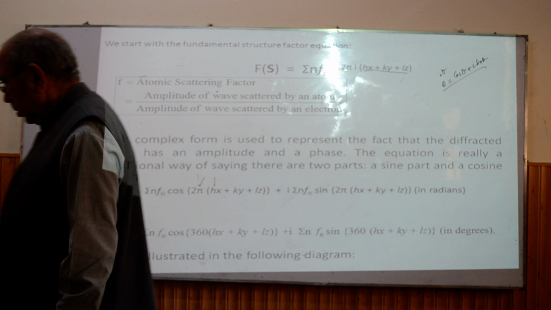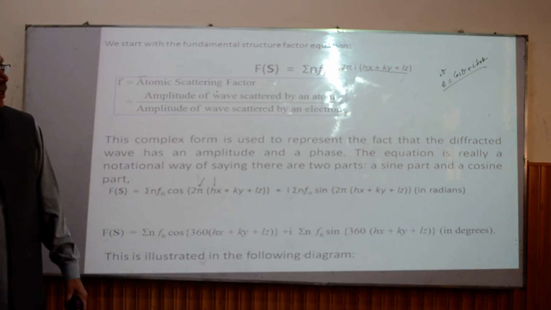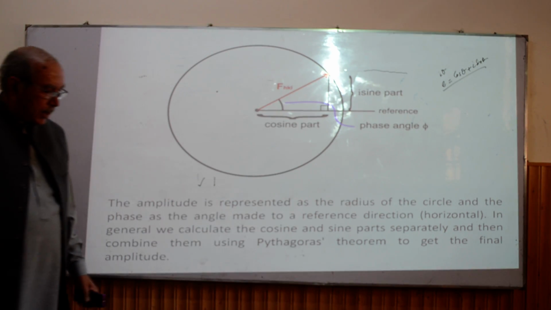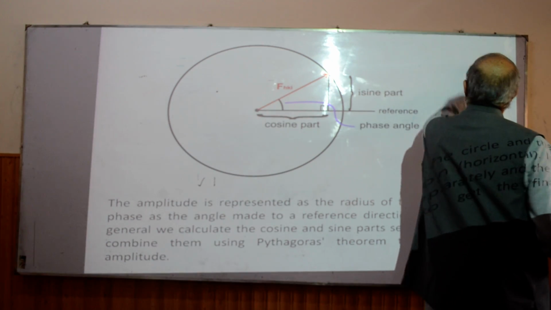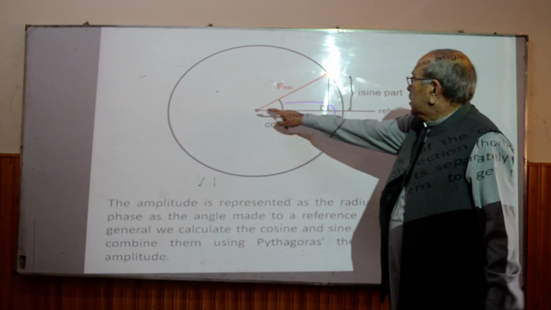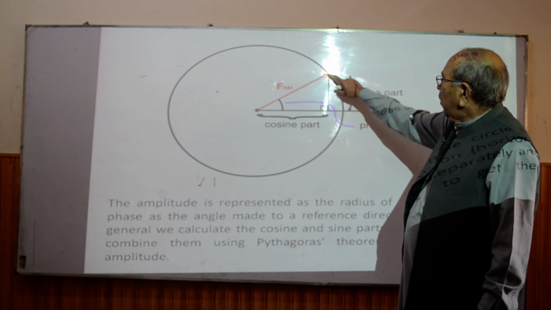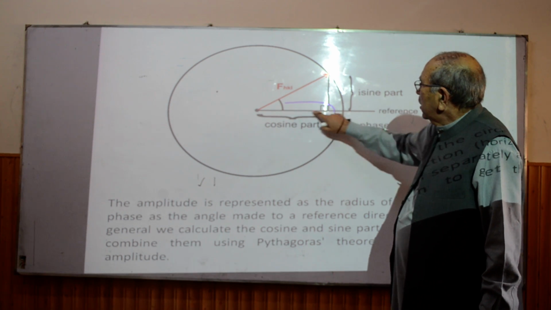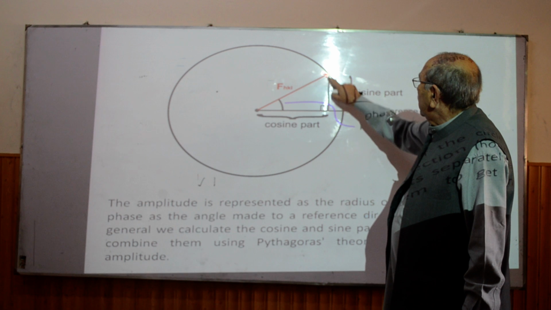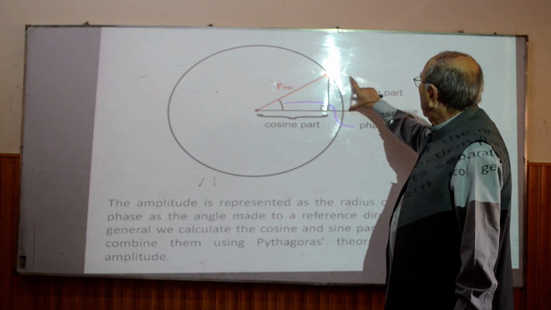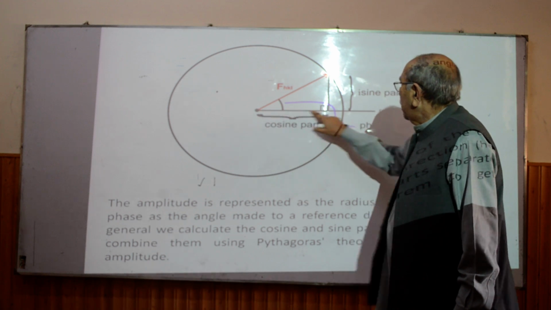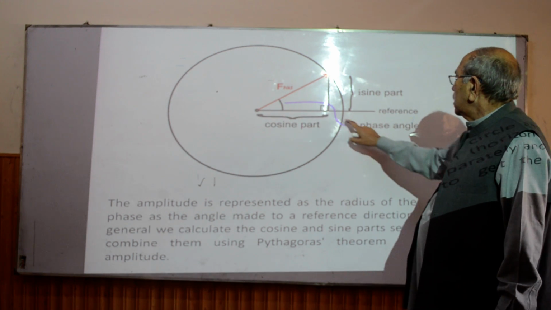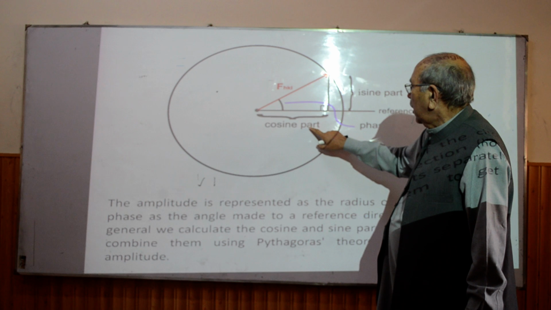I can use this diagram to further write it. If this radius represents the structure factor, I can divide it into two components, this one and this one. This component is the iota sine theta, the sine part, and this component is the cosine part.